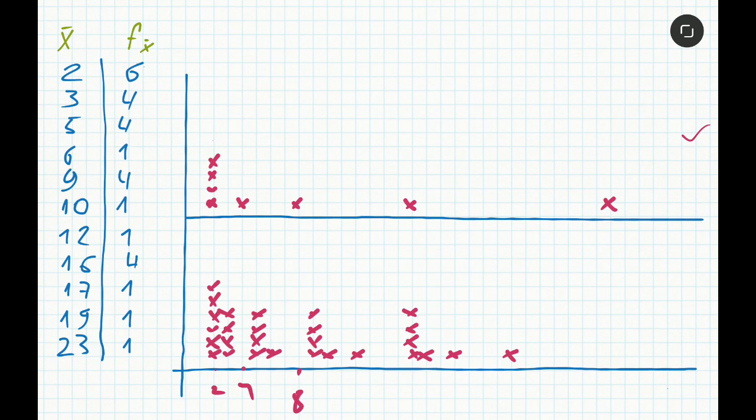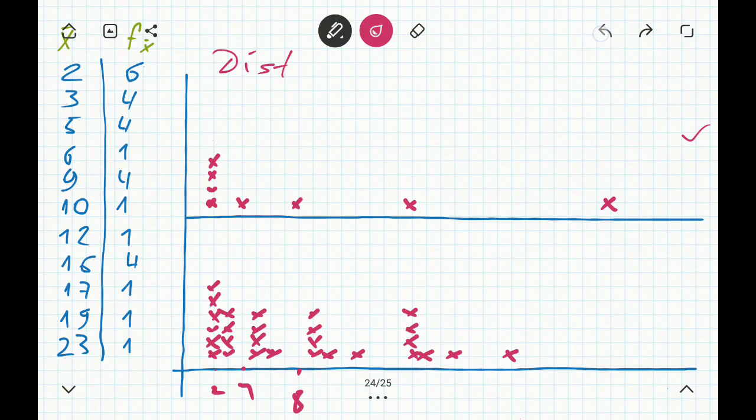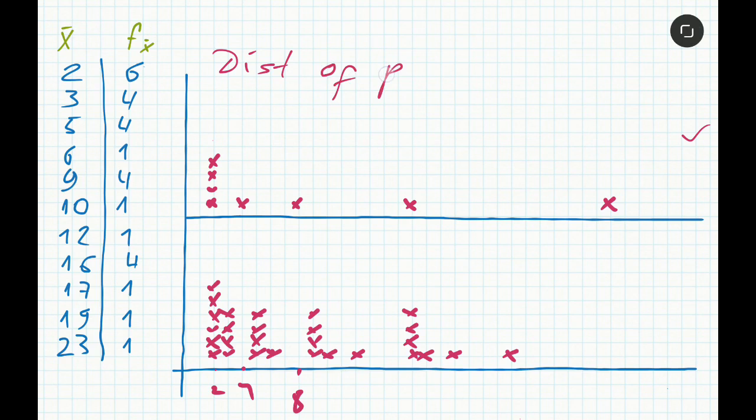So that's the distribution of sample means, or the other name for that is sampling distribution. So this is the distribution of the population, and this is the distribution of sample means.